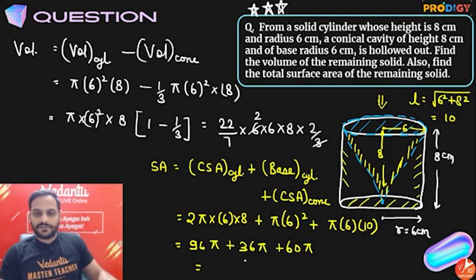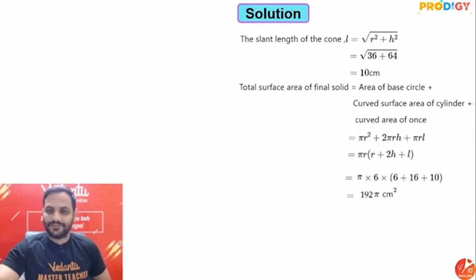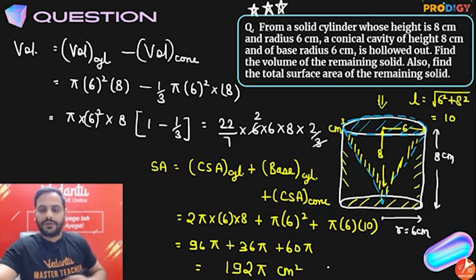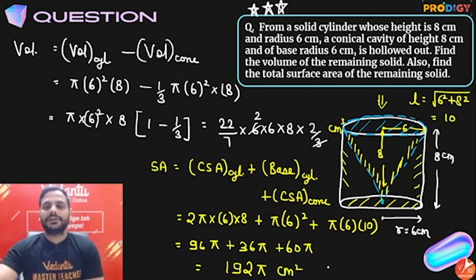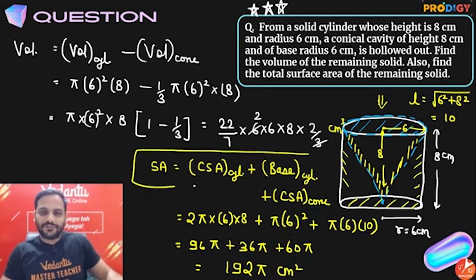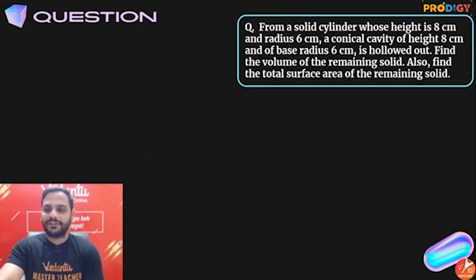Finally you are getting 192 pi. Both are 192 pi only, but this one is in centimeter cube and this one is in centimeter square. The main thing was that the CSA of the cone is also added. Many students forget this part. That's why this is the most important question of today's session.